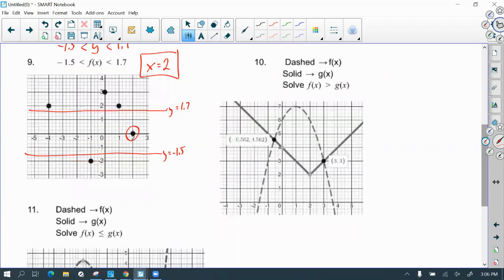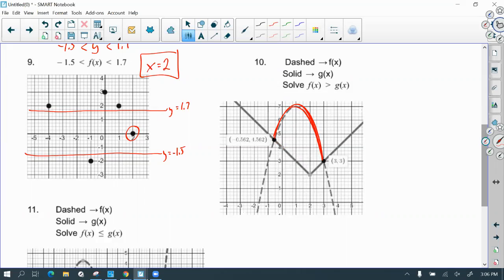So again, f represents the y value, and this is the dashed. So on this parabola, there are lots of ordered pairs, lots of x's, lots of y's, but all I care about are what are the y values of f that are greater than the y values of g. And I hope it's obvious, but all of these y values are on f, and they are greater than the corresponding y values that are on g.